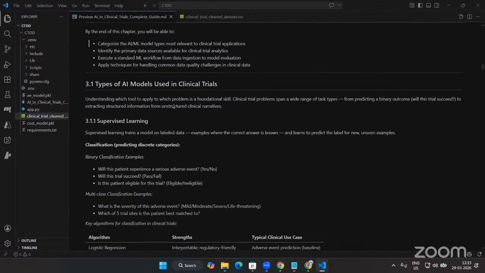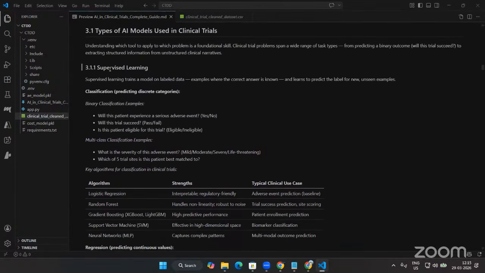Now, in case of machine learning, we have a supervised approach. Supervised learning trains a model on labeled data, which means examples where the correct answer is known, and learns to predict the label for new unseen examples.